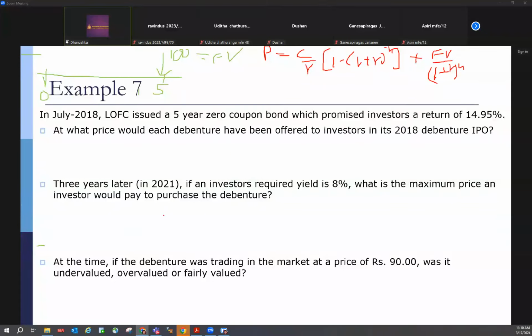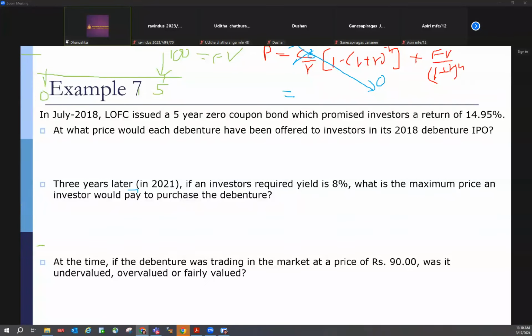Right? Only thing is, you see in this sum, the coupon is 0. If coupon is 0, this entire term goes to 0. So only this term remains.